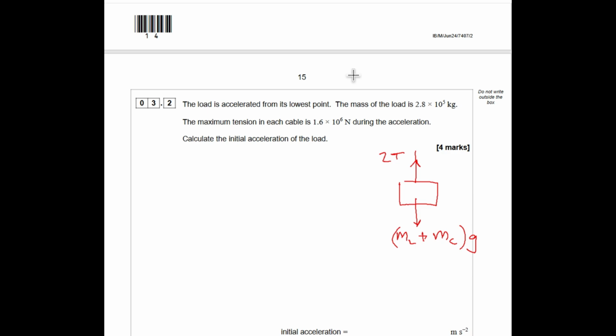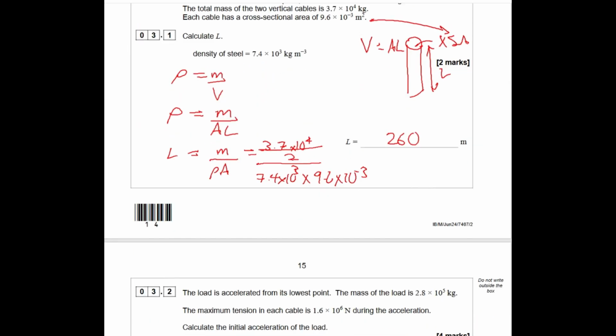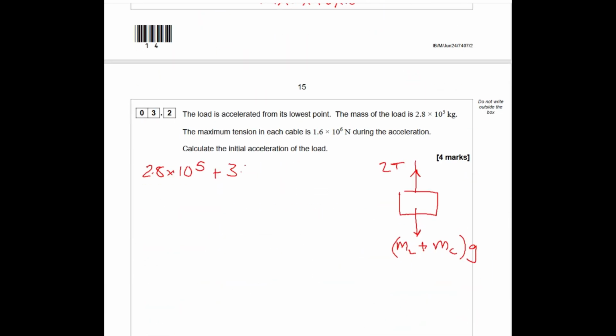So you've got 2.8 times 10 to the 5 plus 3.7 times 10 to the 4, times by 9.81. When you put that in, I'll just put the whole number down for the time being: 9770. That's total down.